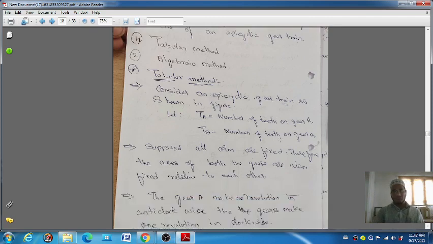Okay, the tabular method. How will you calculate it? Consider you have to take gear trains. Just now we take the diagram, gear A and gear B, with gear A having TA teeth and gear B having TB teeth. Suppose both the axes of the gears are fixed, and both have relative motion.